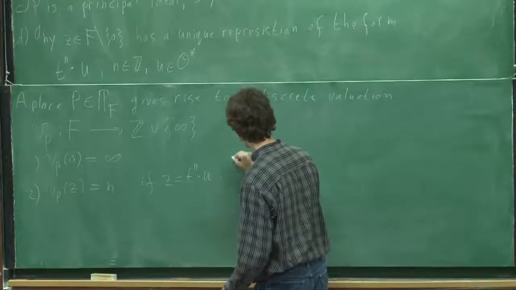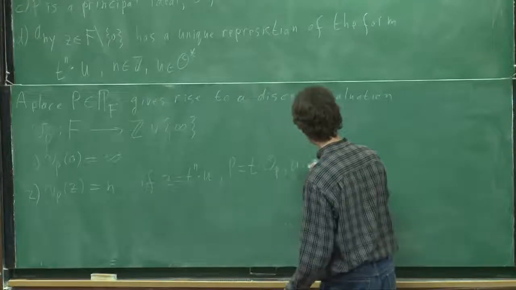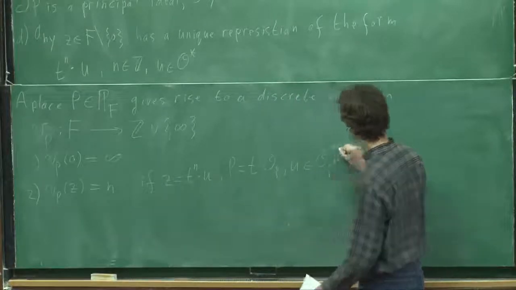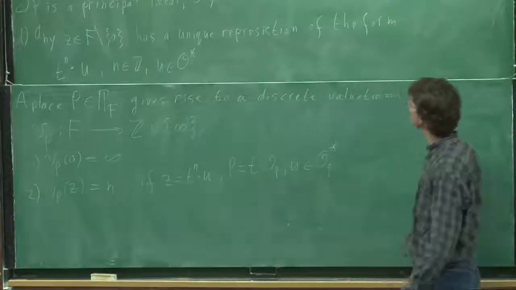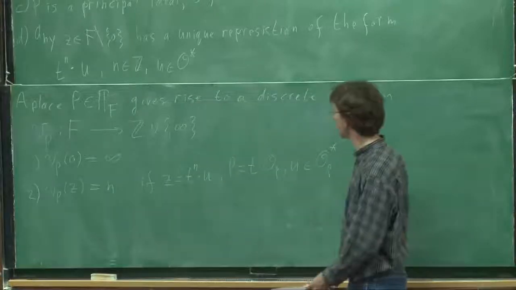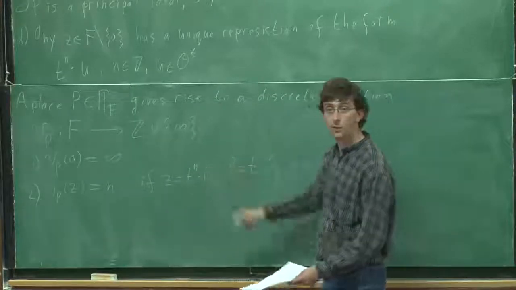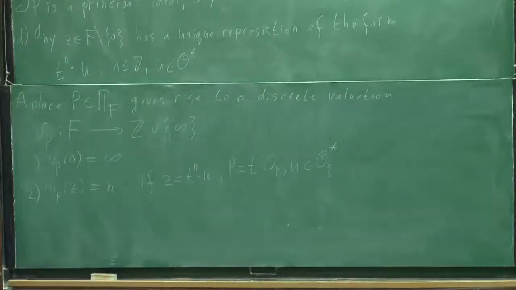So this p is t times O_P, and u is an element from the units of this ring. Now we just said there is a unique representation of this form. Well, okay, in that case we may as well map that function to this exponent n. And this gives you a valuation.